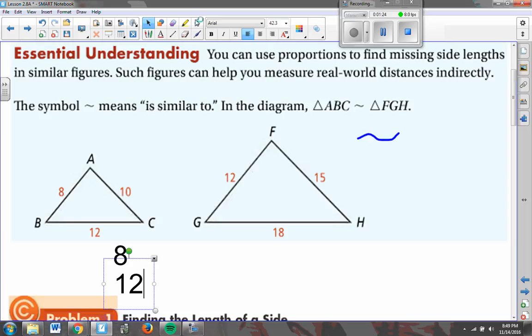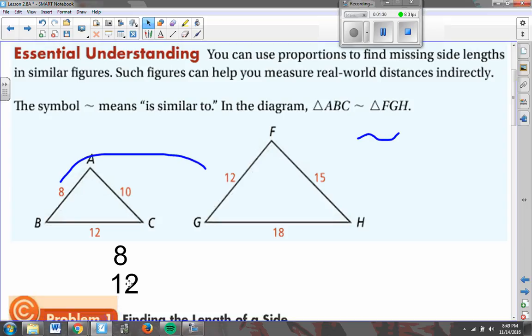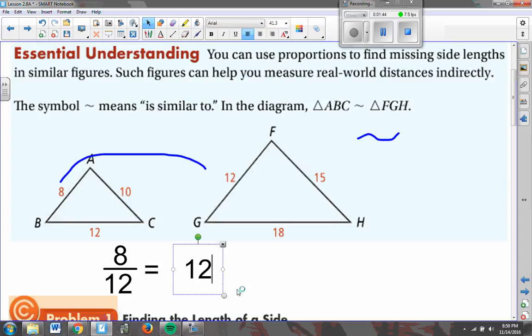So if we make a fraction out of those two side lengths, that fraction must be equal to the fraction of any of the other two side lengths. So let's say the 12 on the left-hand triangle, which would go then with the 18 on the right-hand triangle.